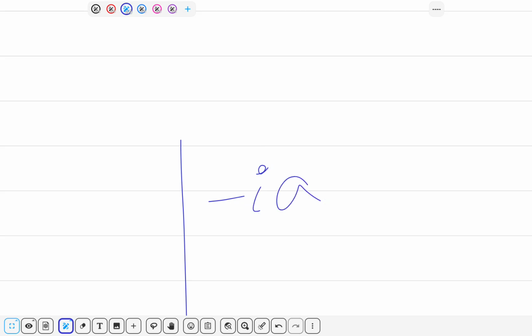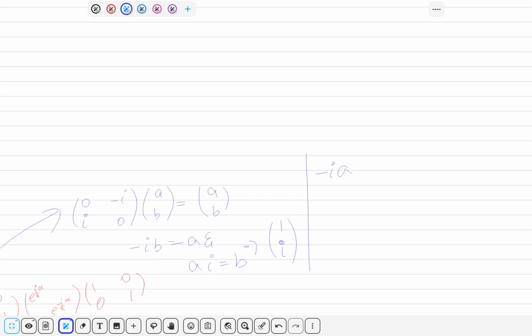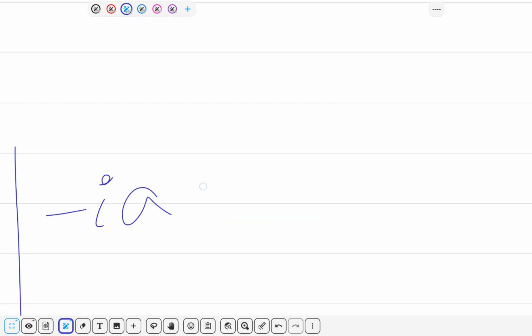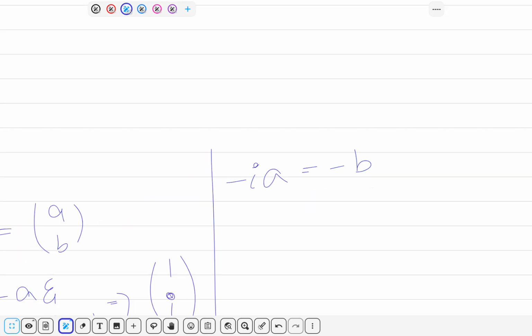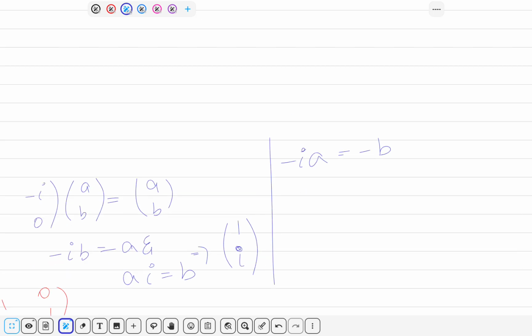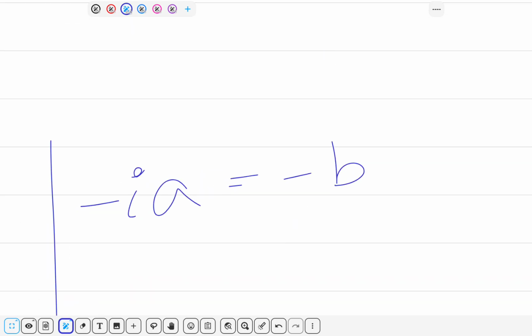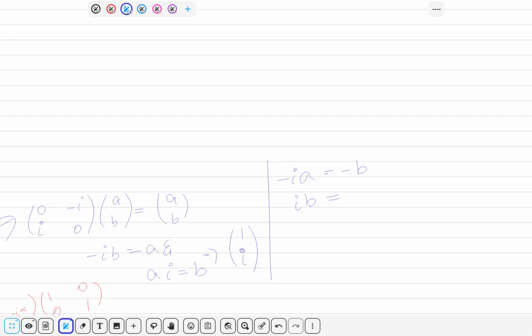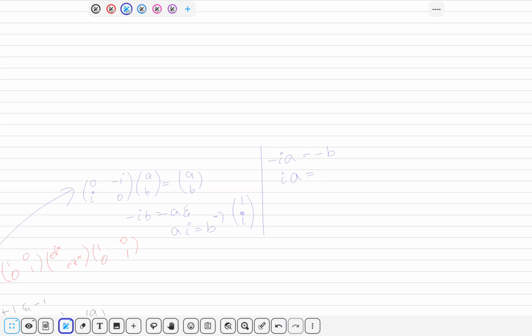If you flip the sign, what you would get is minus b, and you get i times a as minus b.